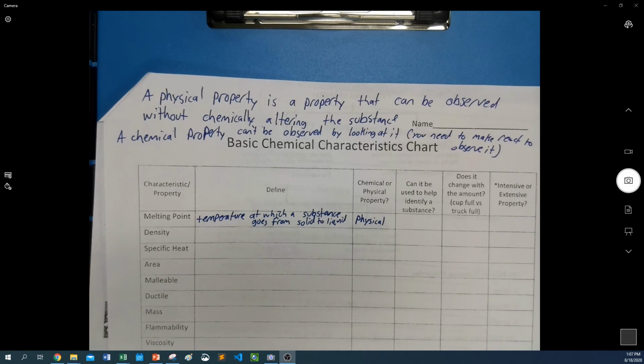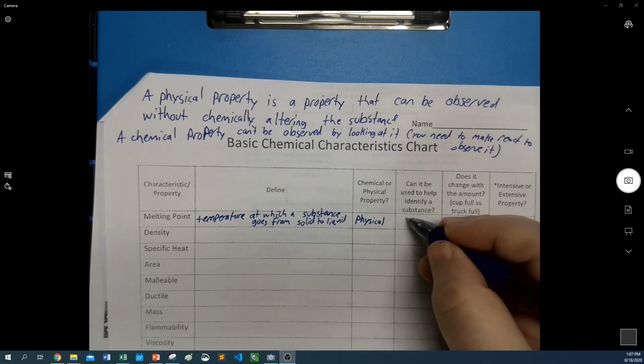Can this be used to identify a substance? So if I gave you two clear liquids and I tell you one of them is water and one's something else, if you put them in the freezer and you notice that one freezes and the other one doesn't, you would be able to identify which one was water, right?